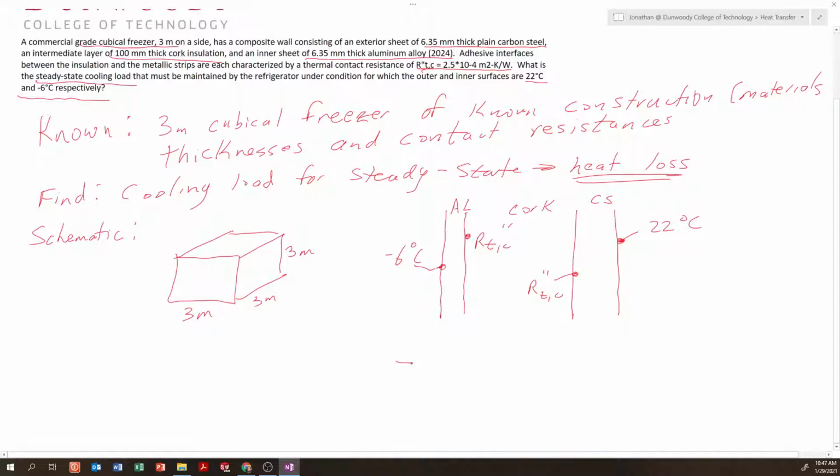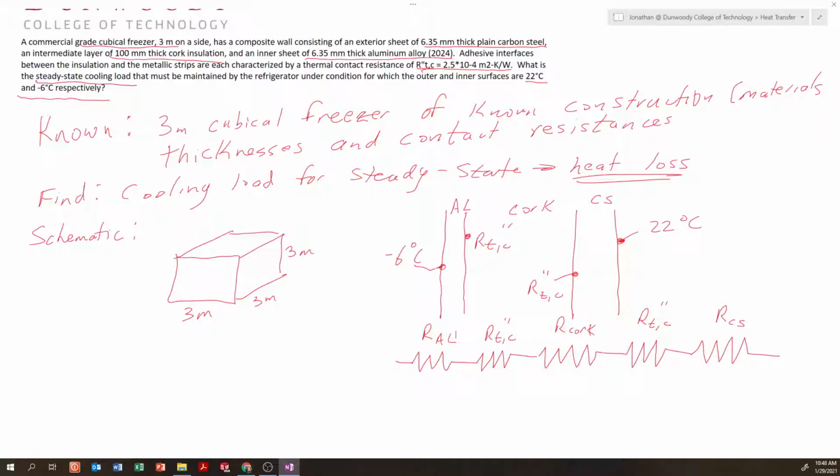So we have a thermal resistance for the aluminum, thermal resistance for the contact, thermal resistance for the cork, thermal resistance for the other contact, and then thermal resistance for the carbon steel, and away we go. Our TC, our cork, our TC, and we have our aluminum. Alright, so there's our assembly. Let's talk about that just for a minute.